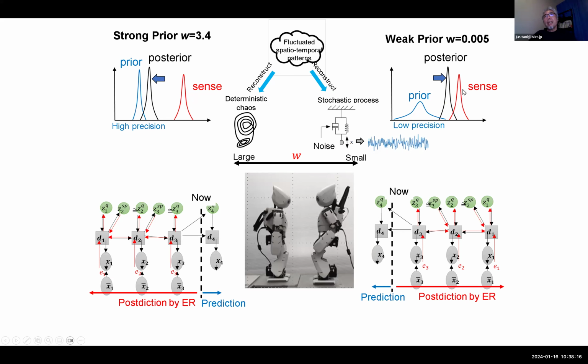So this robot is more sensory oriented, or maybe affordance-like, less about intention, but depends very much on its own behavior, on its own sensation. So that kind of behavior is generated. Here we see the leader-follower relationship is developed depending on the setting of the multiplier W.